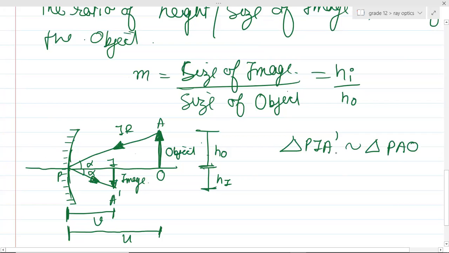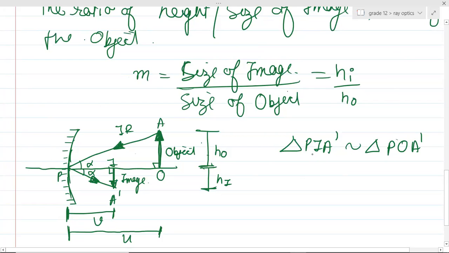Yes or no? RHS congruence? No, RHS... what kind of similarity is it? Side angle side? Whatever it is, I don't care.